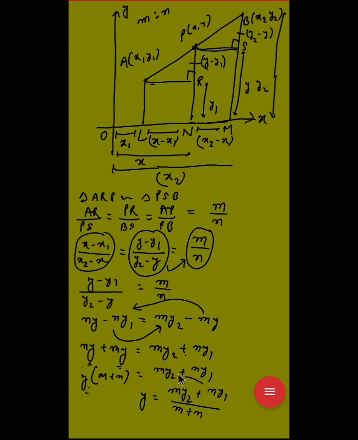So this is the main and final result when a line segment is divided internally. The section formula gives the coordinates of the point dividing the line segment AB in the ratio m to n, and it is given by this. So the section formula is all done here.